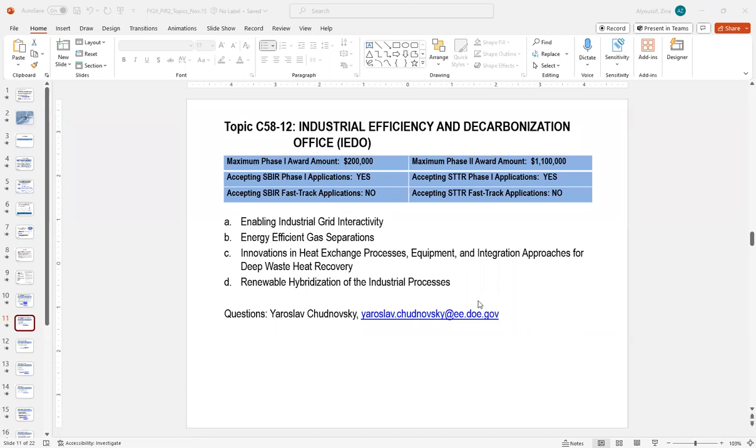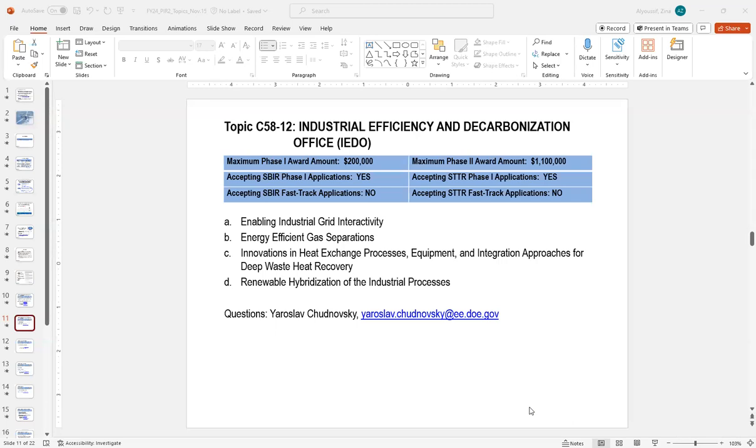This is for subtopic D. That's applied for subtopic 12C as well. So whatever innovation that converts waste heat into electricity with the parameters that satisfy the metrics in the FOA, that would be of interest for this topic.